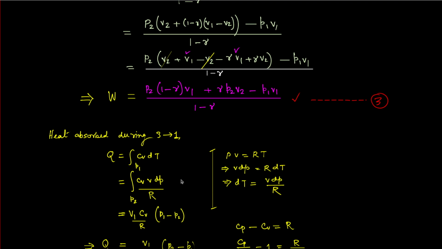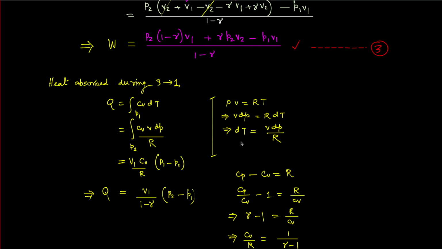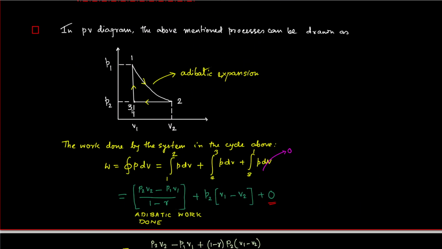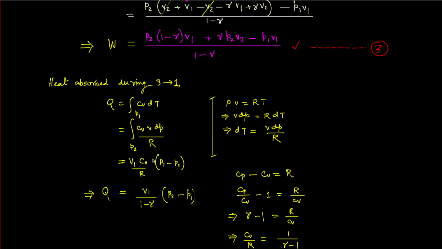Therefore, if we put dT here, that is dP by R, and if we integrate from P2 to P1, we will get this.